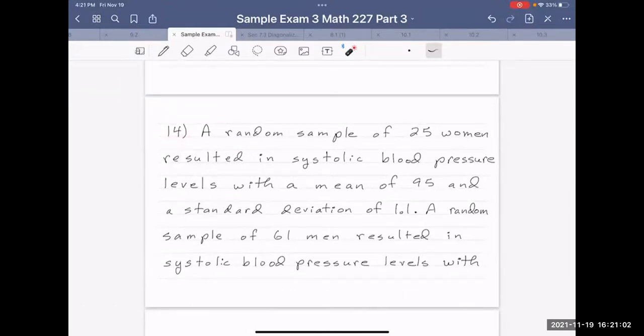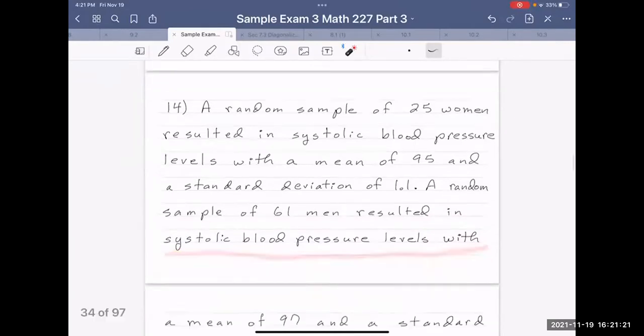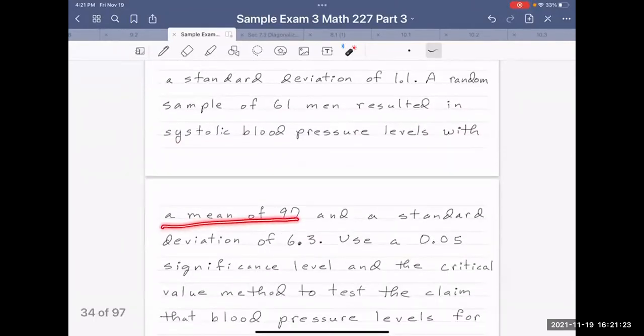Problem 14. A random sample of 25 women resulted in systolic blood pressure levels with a mean of 95 and a standard deviation of 1.1. A random sample of 61 men resulted in systolic blood pressure levels with a mean of 97 and a standard deviation of 6.3.